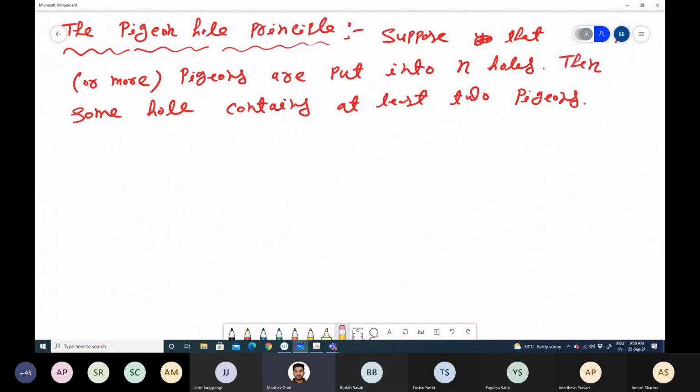We can prove it by contradiction. The proof is also trivial. If possible, assume the statement is not true. What is the statement?